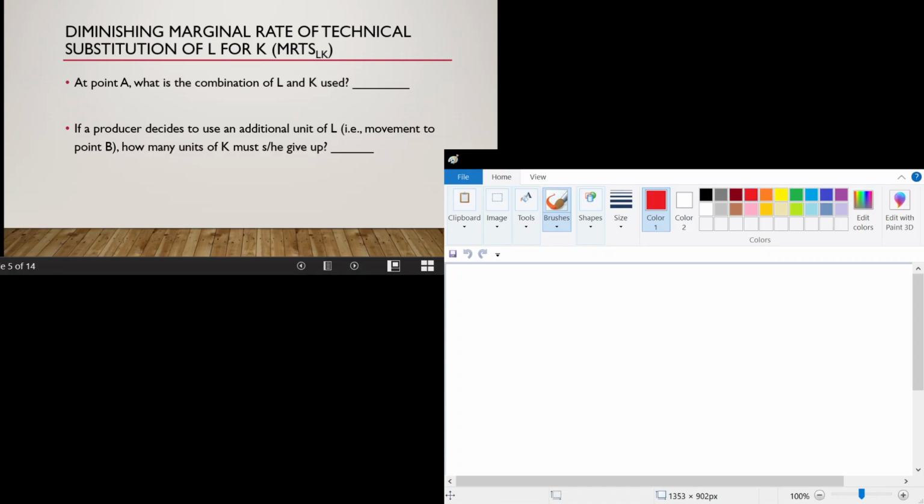Sabi, if at point A, what is the combination of L and K used? And if a producer decides to use an additional unit of L, for example, movement to point B, how many units of K must he or she give up?